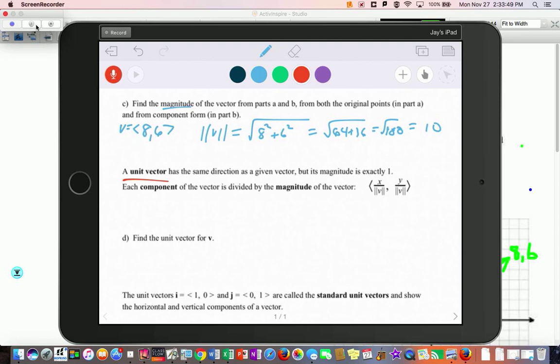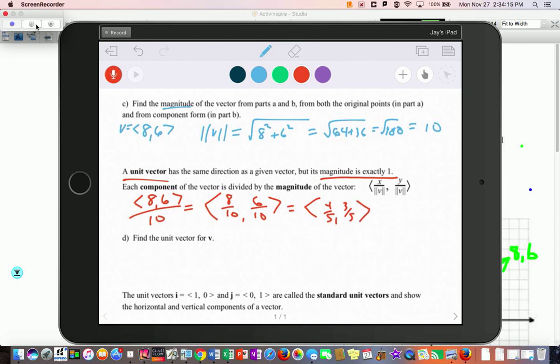A unit vector just means that it has magnitude that is exactly 1. And so if you take your vector, 8, 6, and you put it over the magnitude, you can do 8 over 10, 6 over 10, and if we reduce properly, we get 4/5, comma 3/5.